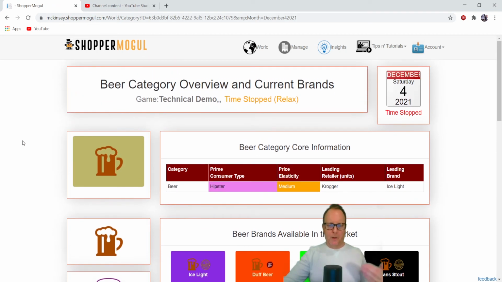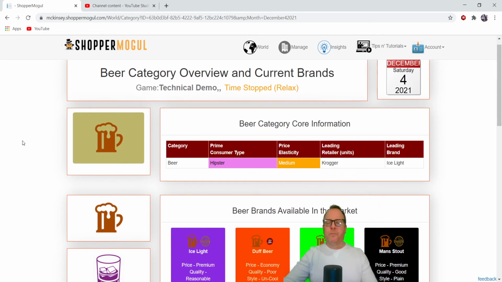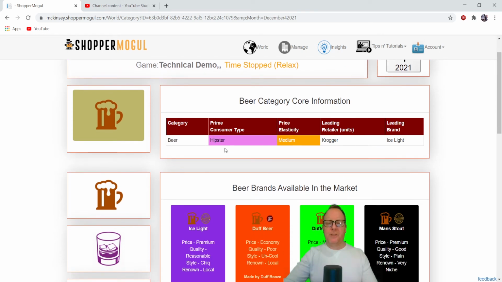So if we look at the beer segment, there's certain information here which you should have a look at just to understand the basic dynamics of how the beer category works. For each category, there is a prime consumer type who over-indexes as a source of demand.